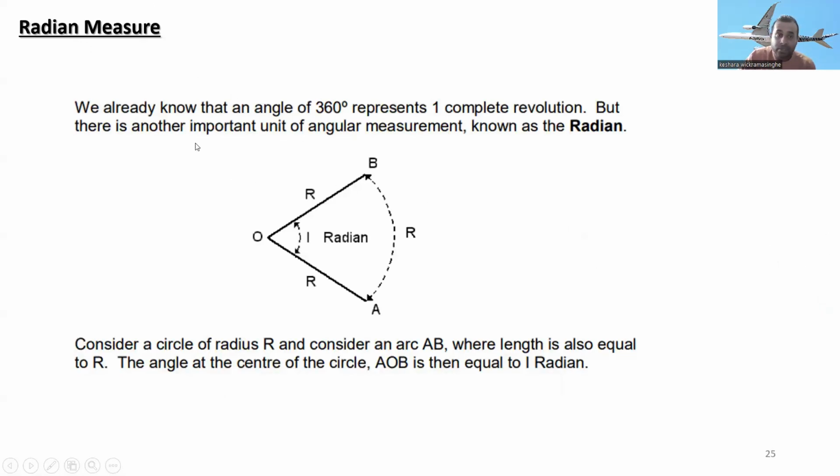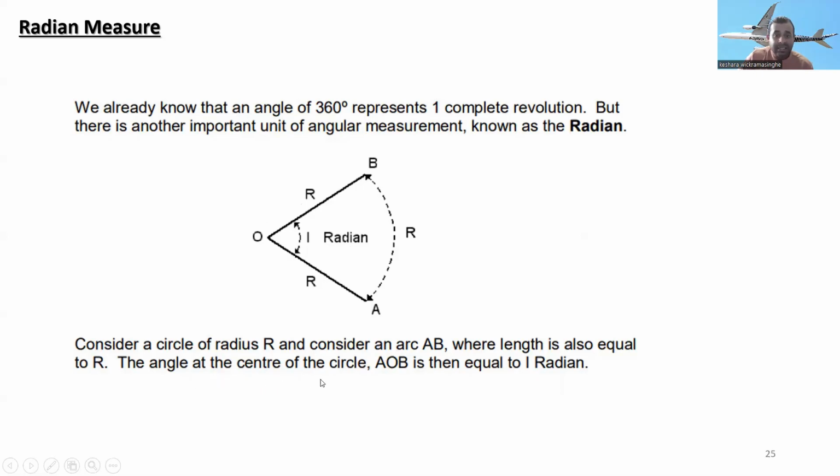Now we go to the radian measures. We already know that the angle of 360 degrees represents one complete revolution. But there is another important unit of angular measurement known as the radian. You can see one radian. Consider a circle of radius r and an arc AB whose length is also equal to r.